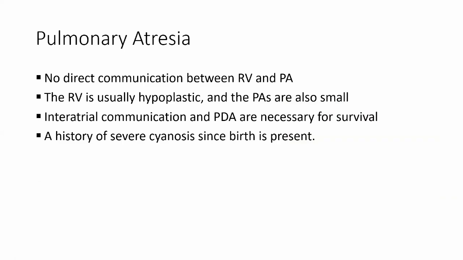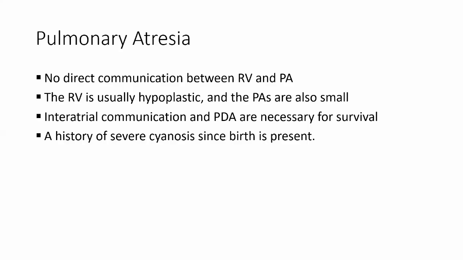The right atrium dilates and hypertrophies to empty systemic venous return into the left atrium through the foramen ovale, and it enlarges and hypertrophies just to maintain the right-to-left atrial shunt.